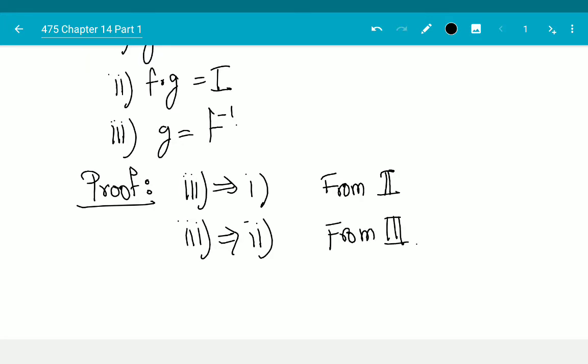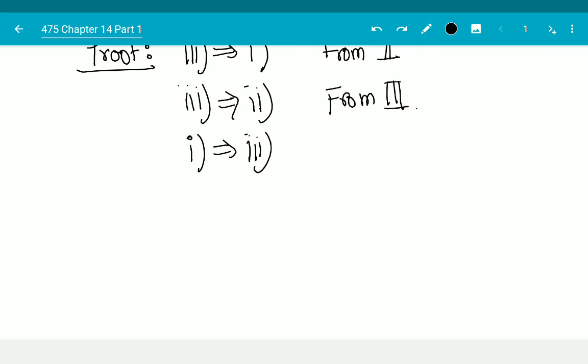Okay? So we are going to show 1 implies 3. Okay? And I won't show 2 implies 3 because it is exactly the same.